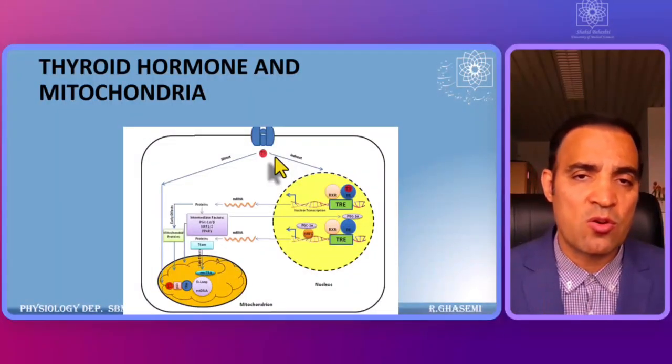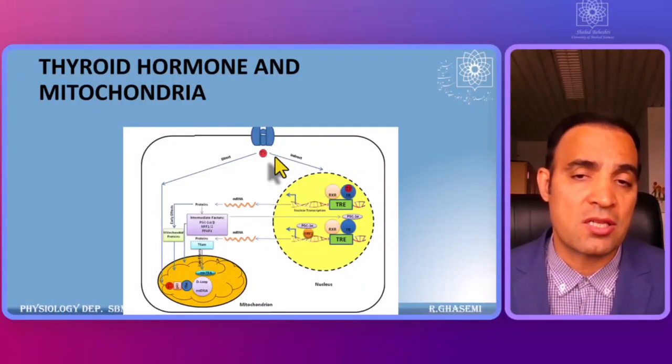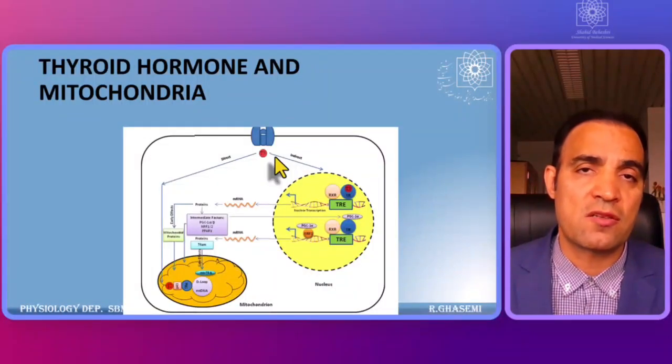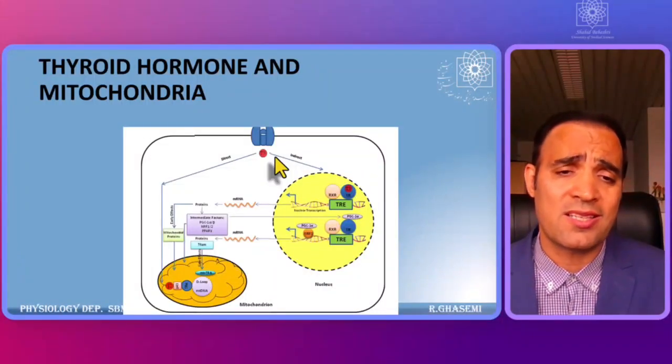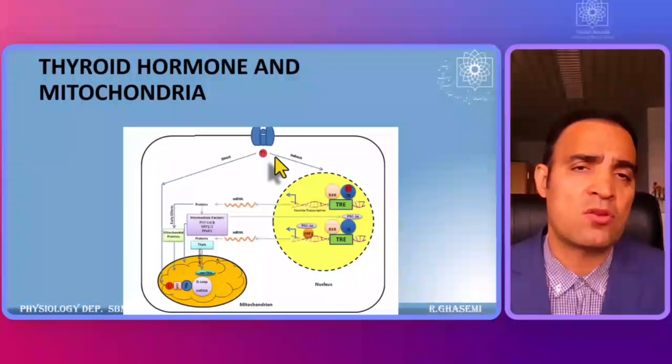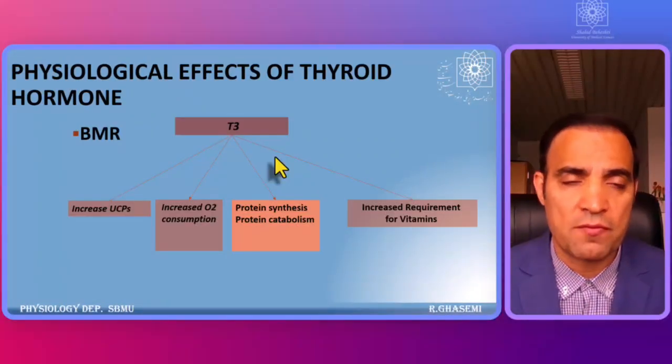And this figure shows how thyroid hormones indirectly, by changing some gene expression, or even directly, have an effect on mitochondria, and therefore affect the mitochondrial function.